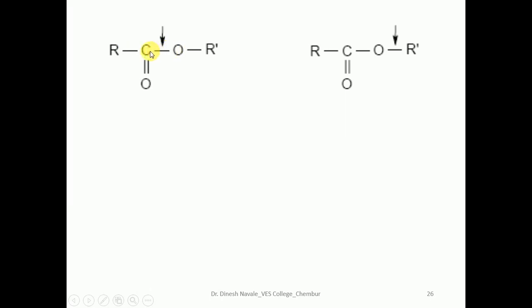That means it is acyl oxygen bond breaking. In this other case, this is the oxygen and alkyl group, so it is called AL. That means it is the alkoxy or alkyl bond. So this is acyl cleavage, this is alkyl cleavage, and majority of the times in base catalyzed ester hydrolysis there is breaking of the acyl bond.